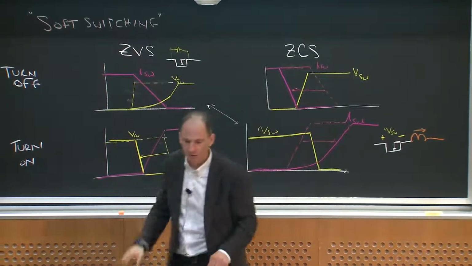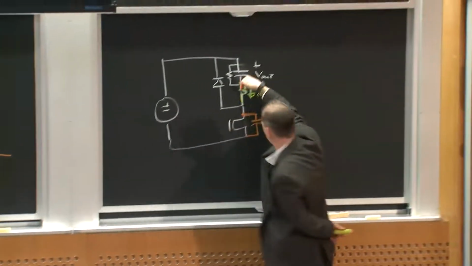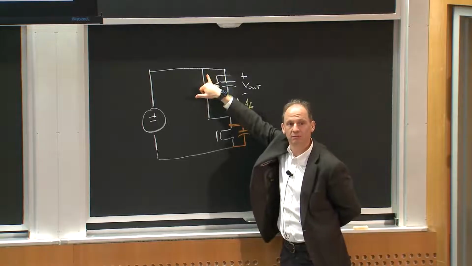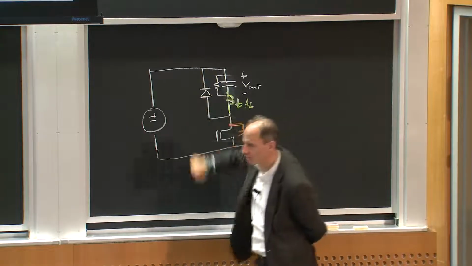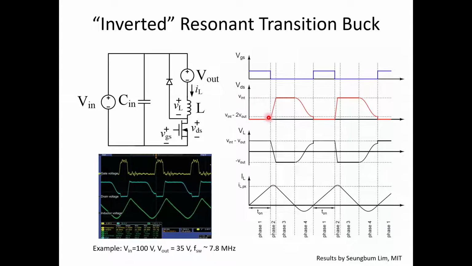So eventually, this inductor charges up this capacitor until the diode turns on. Right? So I get a zero voltage transition. You can see that in this operating diagram here, right? The voltage across the switch goes up until it hits V in, which is exactly the condition in which the diode's on, and the inductor is going to circulate its current into the output. Does that make sense to everybody?